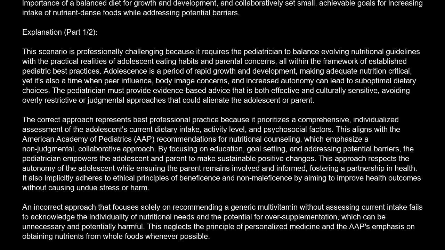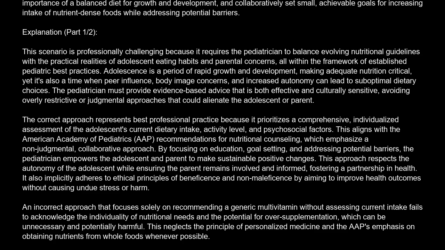By focusing on education, goal setting, and addressing potential barriers, the pediatrician empowers the adolescent and parent to make sustainable positive changes. This approach respects the autonomy of the adolescent while ensuring the parent remains involved and informed, fostering a partnership in health. It also implicitly adheres to ethical principles of beneficence and non-maleficence by aiming to improve health outcomes without causing undue stress or harm.